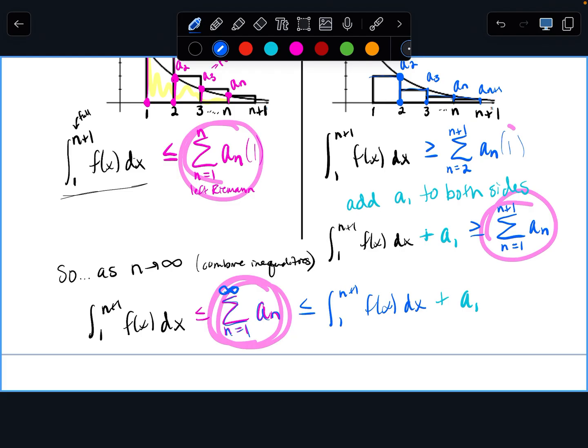This represents my overestimate, and you can see how you can figure out whether this converges, because if this is less than it, this was greater than it, as n goes to infinity, if you find the area of this and you get a number, and then you find the area of this and add in just one more number, it forces it to converge. And if these both diverge, so say this goes to infinity, this goes to infinity, and then you add like a 3 or something, it forces the sigma to diverge.